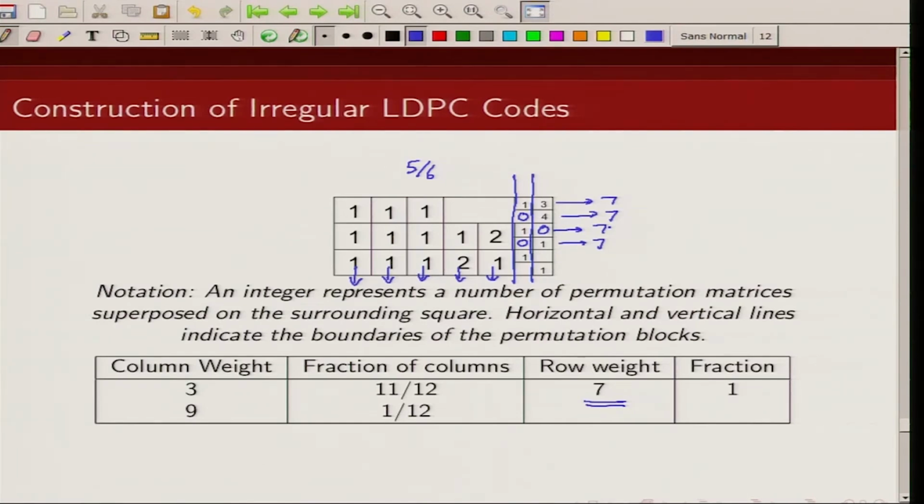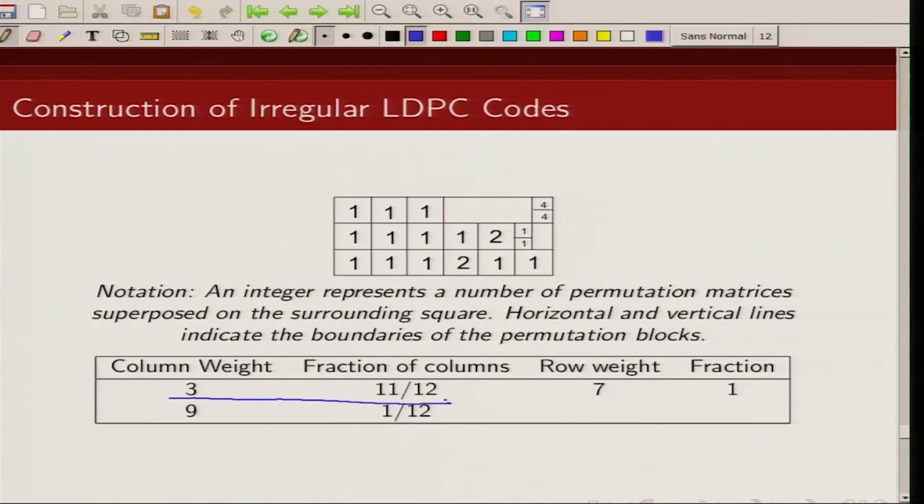So, this is the same profile, different construction. This is another construction, same column weight distribution, that 11/12 fraction of the bits should have column weight 3 and 1/12 should have column weight 9, and row weight should be 7, and you can check it.